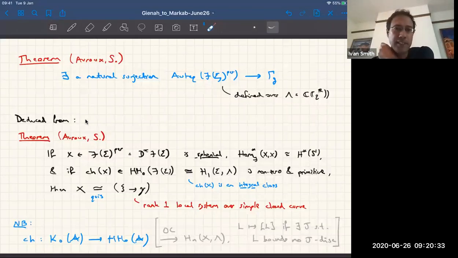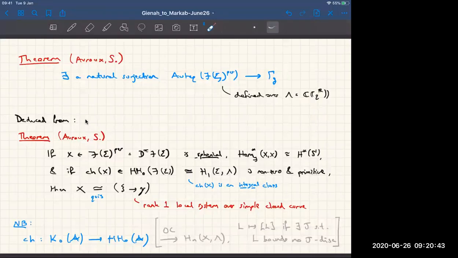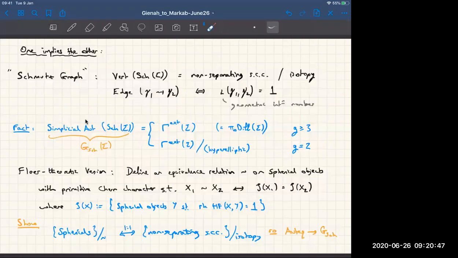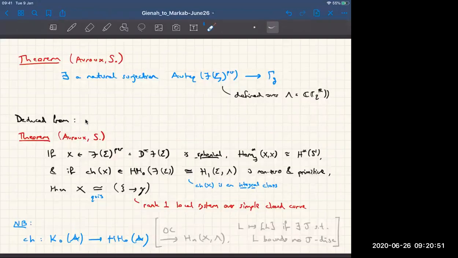Okay, so let me say a word about how these two results relate to one another. Ivan, there's a question from Paul. Paul, please go ahead and unmute yourself if you'd like. Sorry, is there any example of a spherical object which has a non-primitive Hochschild homology class?